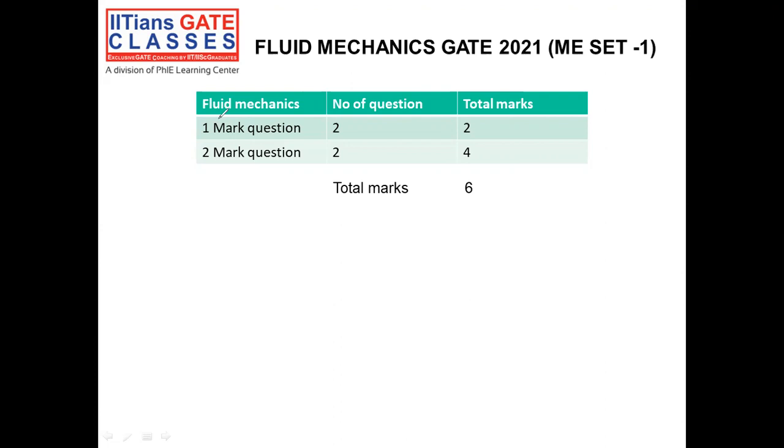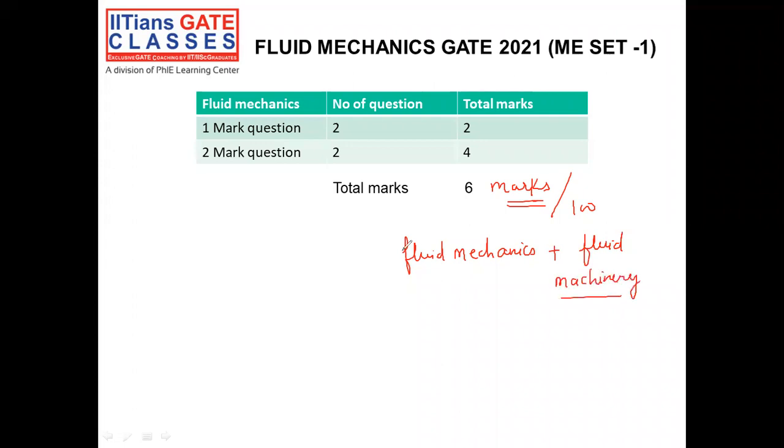The total weightage for fluid mechanics in GATE 2021 mechanical set 1 was 6 marks, out of 100 marks, including fluid mechanics plus fluid machinery, both included.